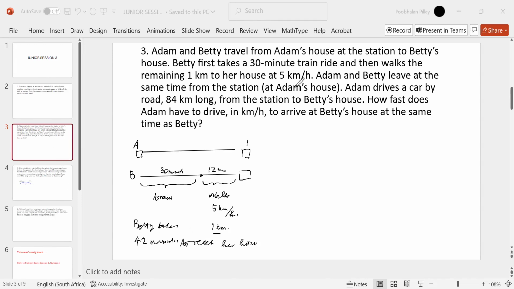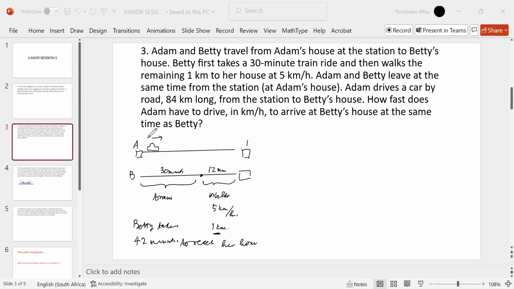So what does Adam do in the meantime? Adam drives a car by road. So Adam travels by car. I'm not very good in drawing these things, but anyway. So he's traveling by car, and the road is 84 kilometers long from the station to Betty's house.